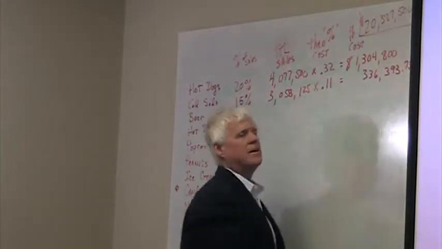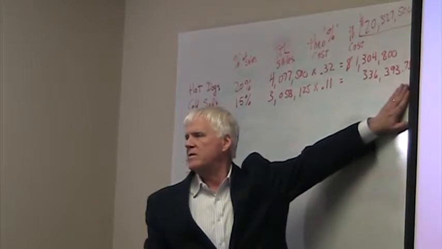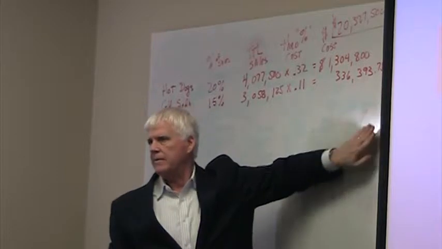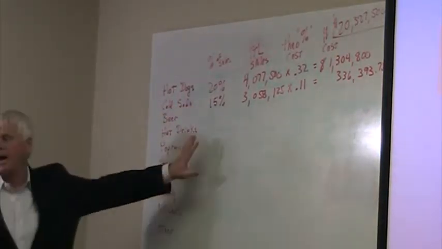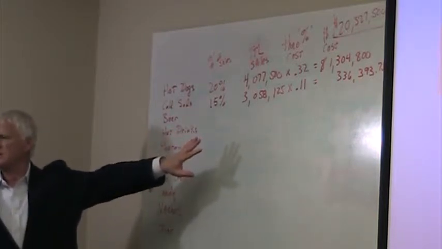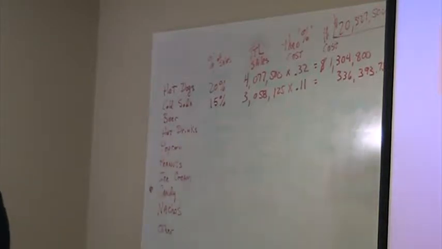Now people always ask me, do I have to carry out the decimal points? The answer is yes, to two places, because it's money, and when we get down to the bottom, you're going to see why it's important. On an account of this size, the little nickels and dimes wouldn't matter much. It's not going to change the overall percentage, but on a smaller account, it would.